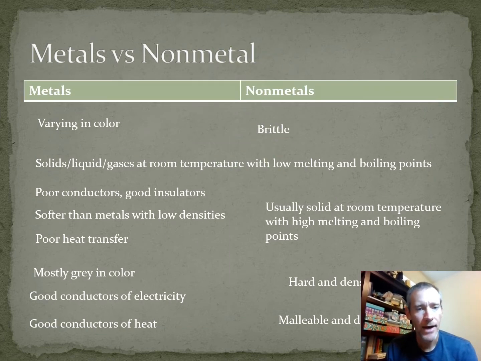Metals mostly vary in color, but mostly silver, maybe black. They are solids, except mercury.